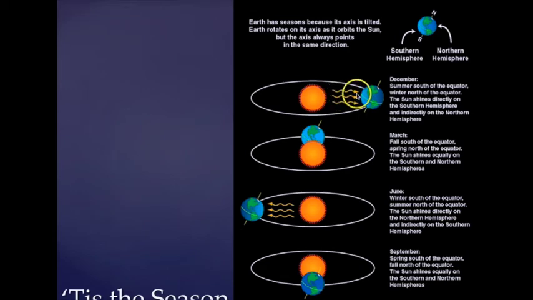You can see the direct rays are hitting the southern hemisphere because they're tilted towards. So in December, it's going to be winter for the north and summer in the south. These are going to be equal. Remember, everything rotates counterclockwise in space, so we're going to head this direction. Over here, you can see June, you can see the months match up, and then back to September.